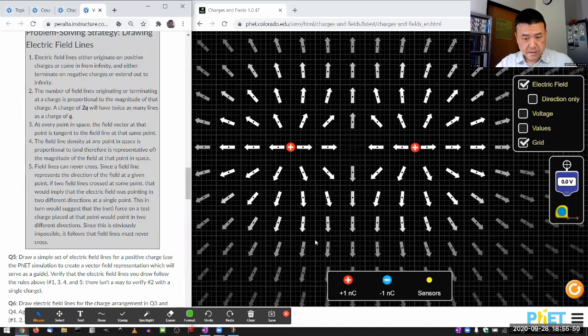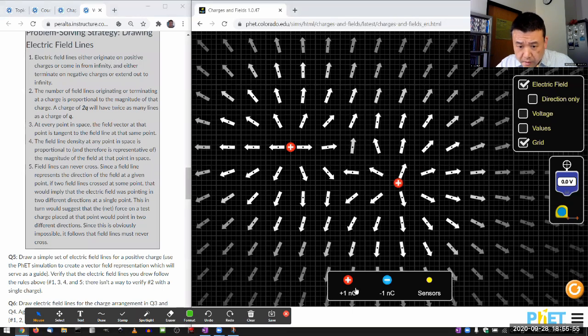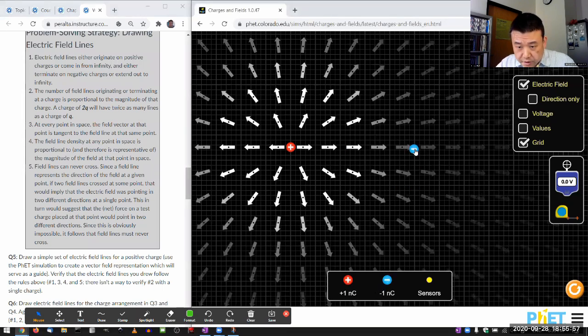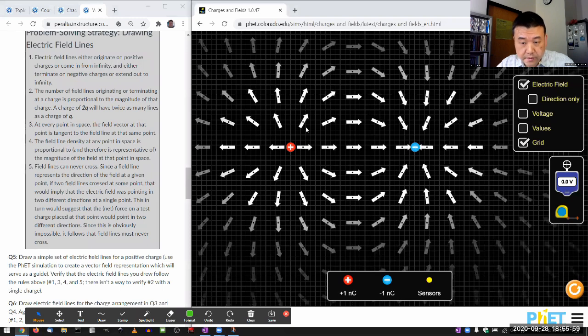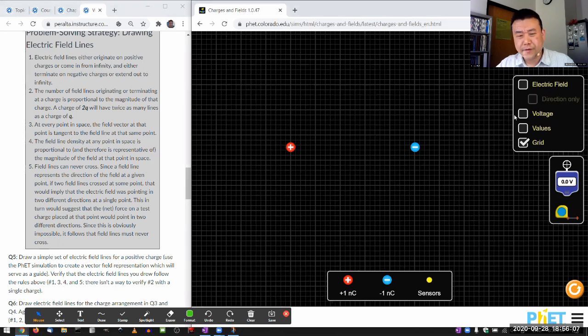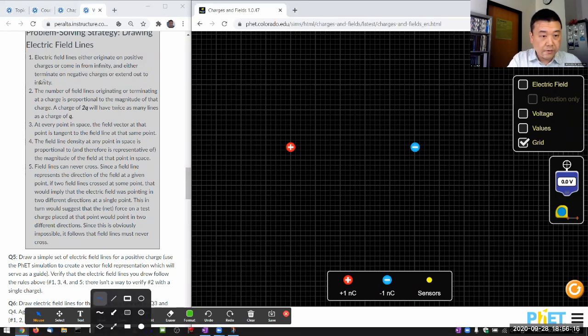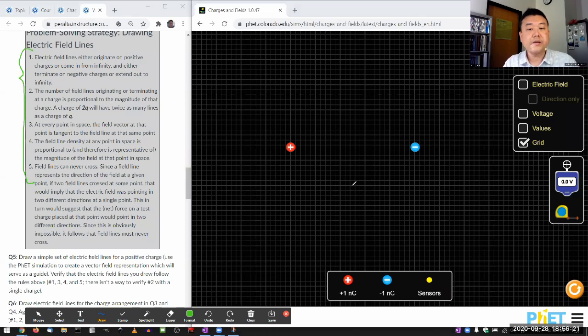So let me have a positive and a negative charge here. You've seen this with vector fields before, but let me try this without the aid of the vector fields, and just follow the rules that I see here. When I do, this is what you see.